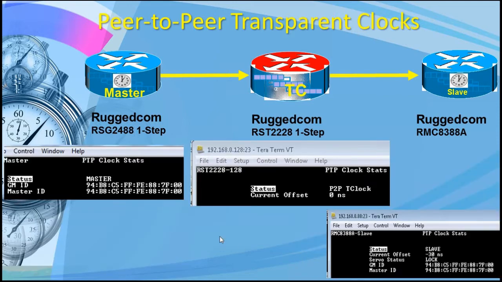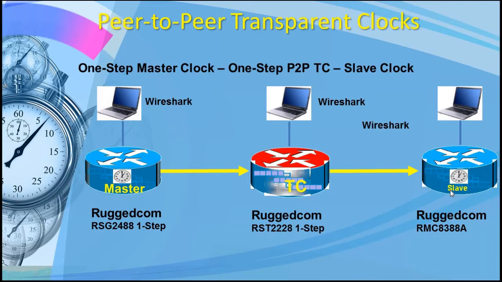After configuration is finished, we can check the clock status. The first one is running as master, the middle one is running as peer-to-peer transparent clock, and the last one is running as slave. The current offset is -30 nanoseconds.